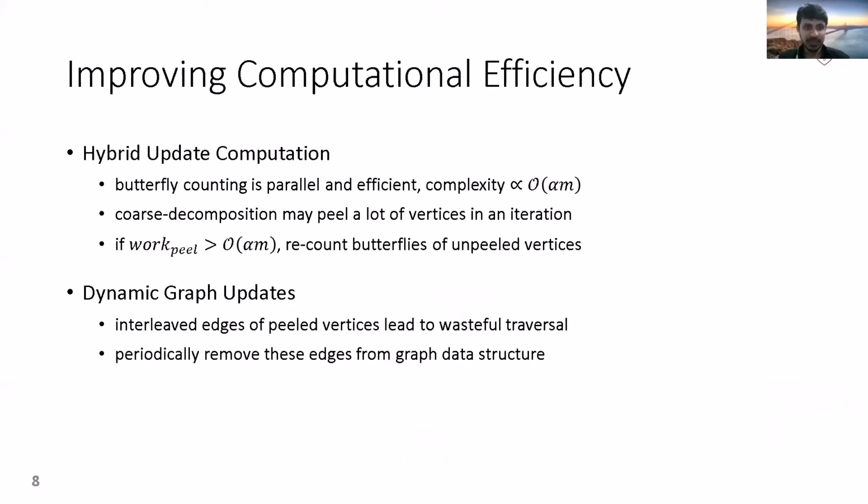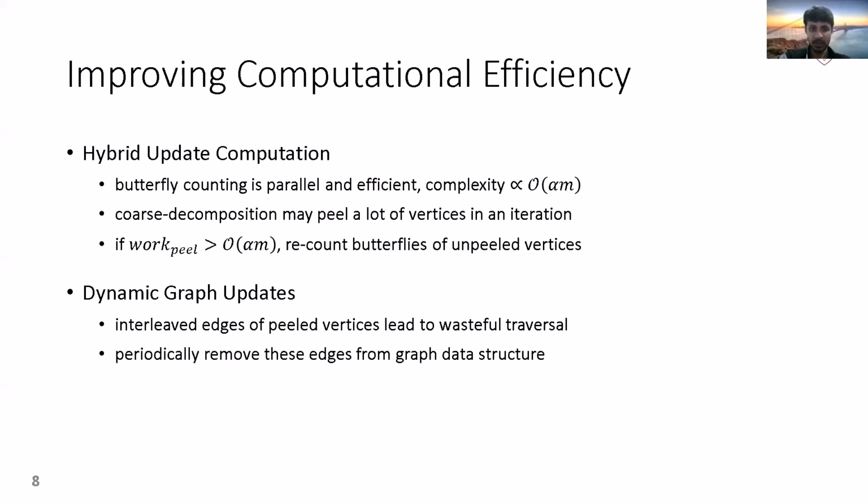Now, tailored to this approach, we also propose some computational efficiency optimizations. I think the main optimization, which is what we call hybrid update computation, is based on the fact that in the first phase, which does most of the work in the algorithm, each iteration is peeling vertices within a broad range of tip numbers. So sometimes you may peel a lot of vertices.